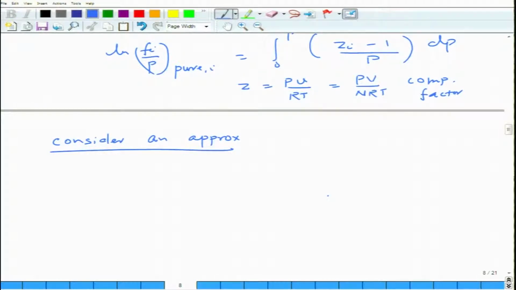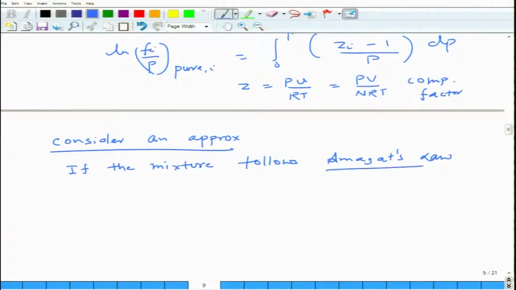Okay. So if I consider this approximation where I say that, well, if the mixture follows Amagat's law, which is nothing but the additivity of the volume concept. Okay, this is i equal to m.